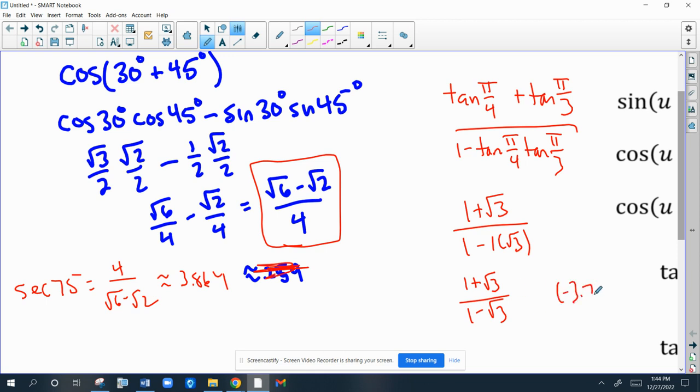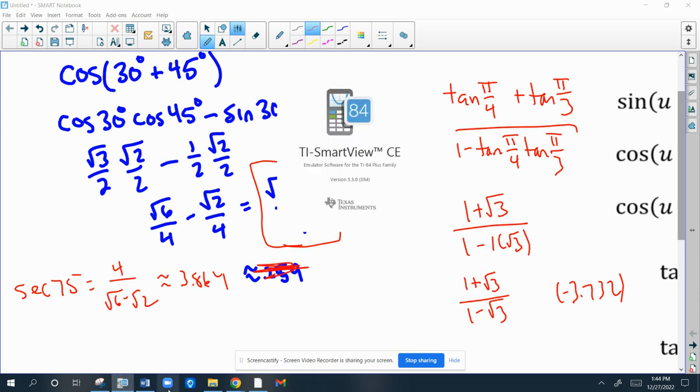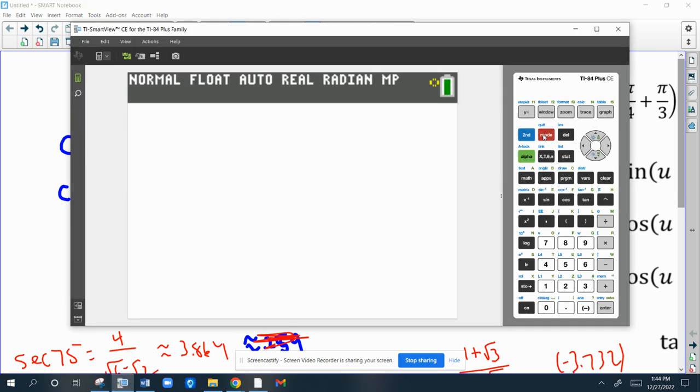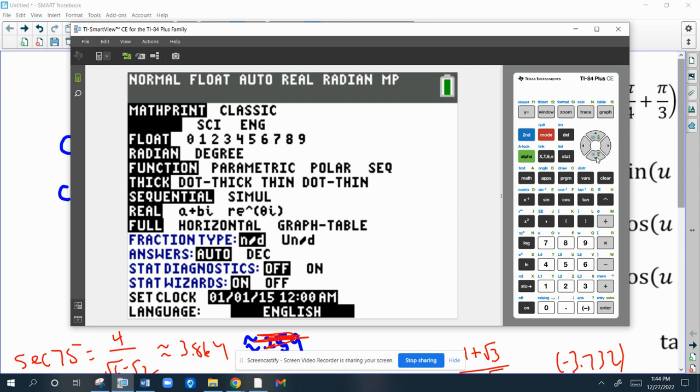So the last thing I'm going to do is check these things. I'll show that on the calculator. I'm going to make sure I'm in degree mode for the first one. As soon as my calculator pops up, I'm going to do the secant of 75 degrees.